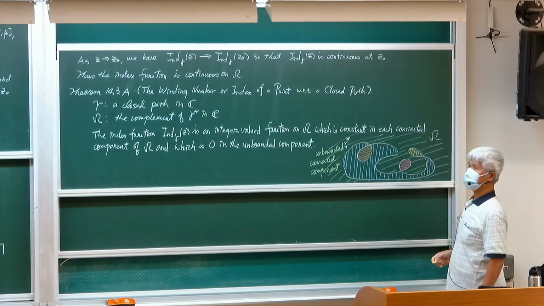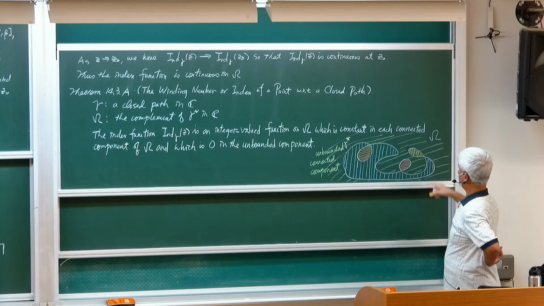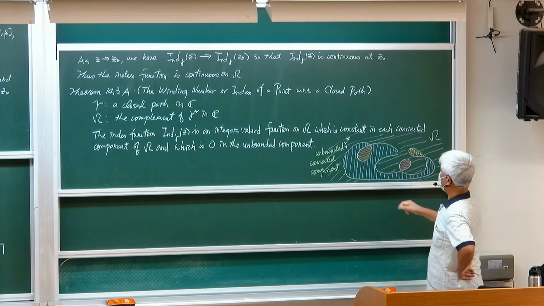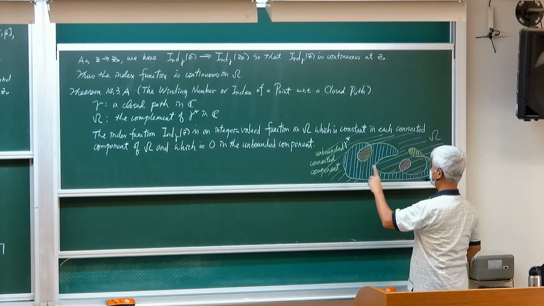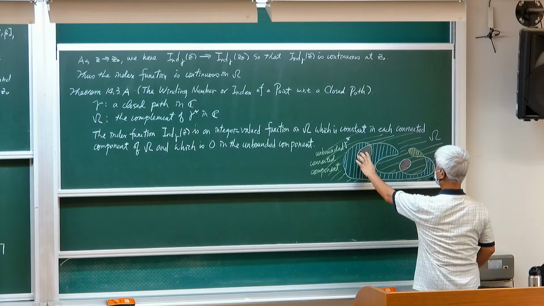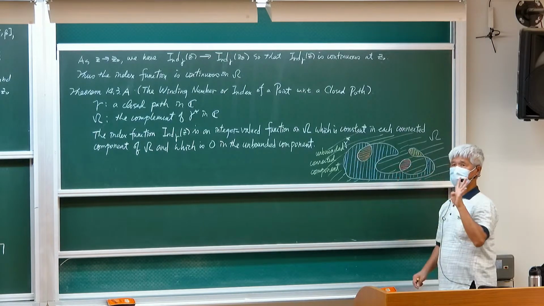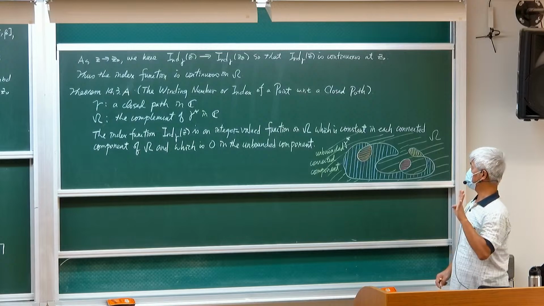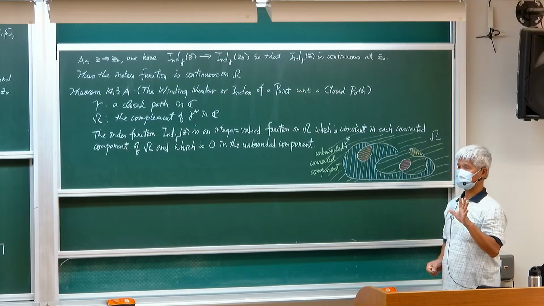So how many connected components does the complement have in this case? There's one unbounded connected component, right? And 1, 2, 3, 4 bounded connected components. So there are 5 connected components in this case.